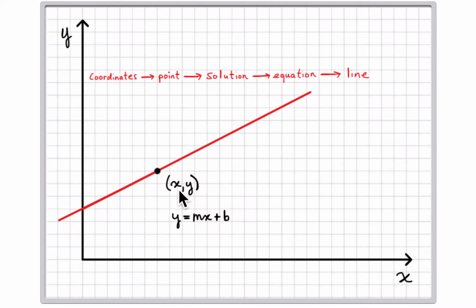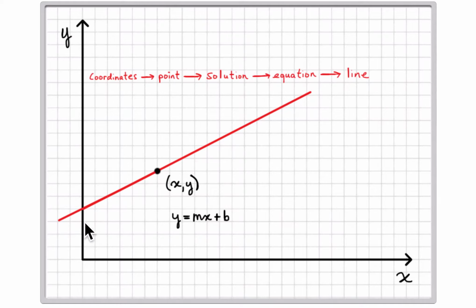And those coordinates, the x-coordinate and the y-coordinate, are solutions to the equation for this line. So this line is defined by an equation. And if you take the x and y coordinates and put them into this equation, it will make the equation true. So we say that they are a solution to this equation.